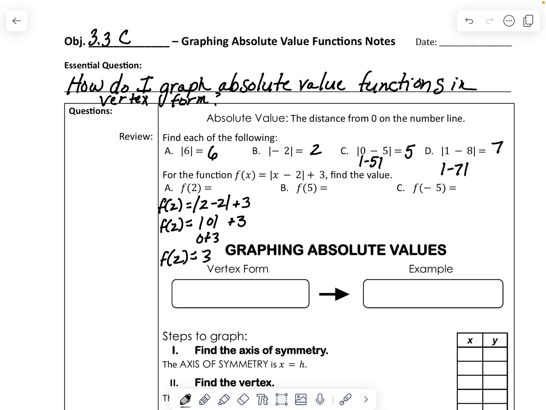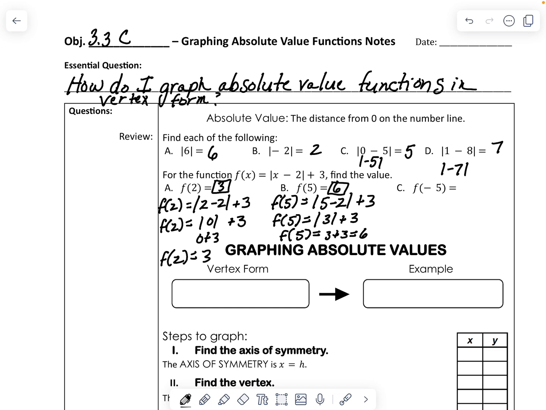Okay? All right, so how about f of 5? Again, I'm going to put 5 in here, minus 2. Absolute value of 3, which would be 3. So the f of 5 is going to equal 3 plus 3. So I'm going to get 6 up here.